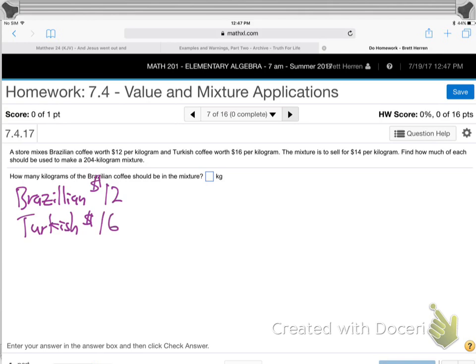You're going to mix them together. You want to create a mix that sells for $14 per kilogram. You want 204 kilograms in the mix.